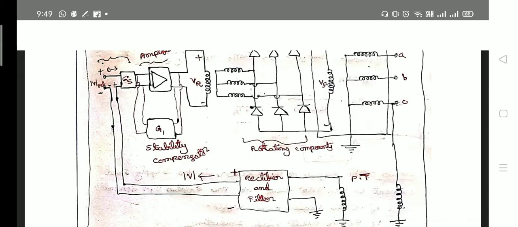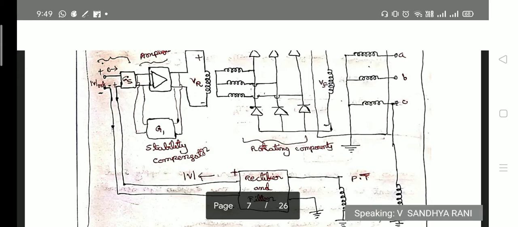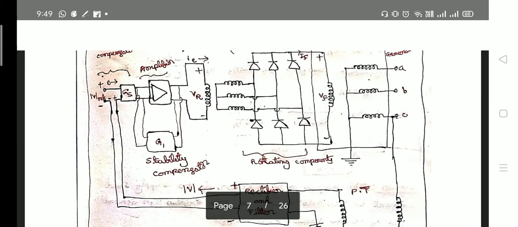First we discuss the comparator. The comparator compares the reference voltage and the output voltage. Here we take one reference voltage and the rectifier output voltage, where V is the output voltage. Both voltages are compared in this comparator, and it gives the result to the stability compensator or amplifier.